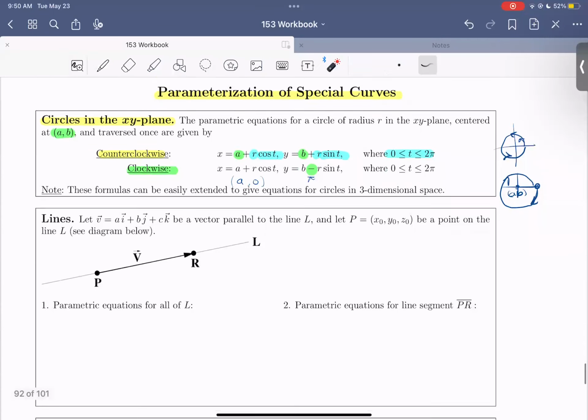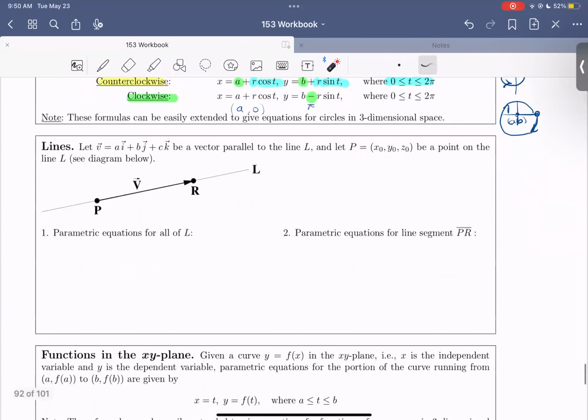So now let's look at the parametric equations of lines. To summarize here, we're going to look at some ways to represent an equation of a line parametrically. To begin, let V be the vector ai plus bj plus ck, a vector parallel to the line.